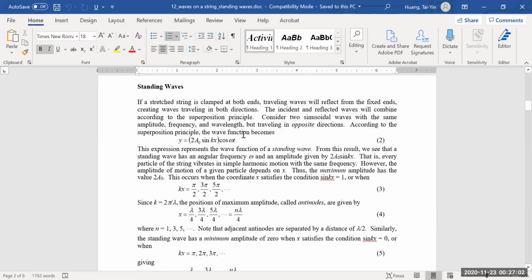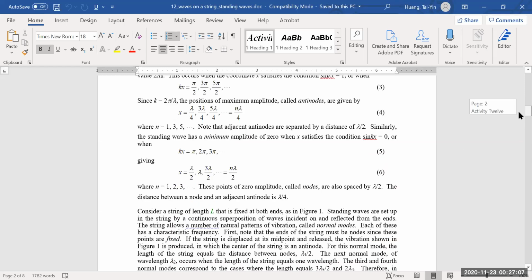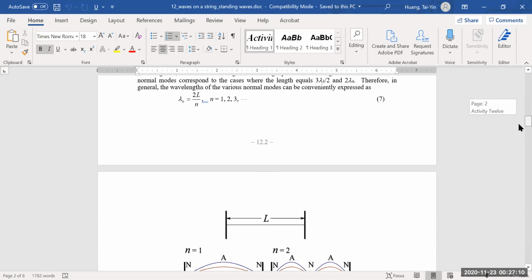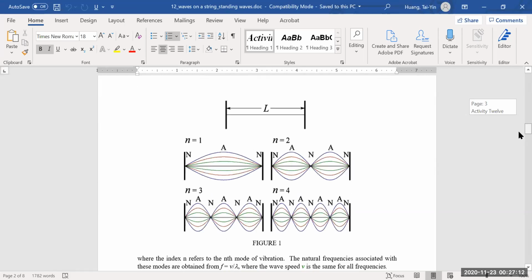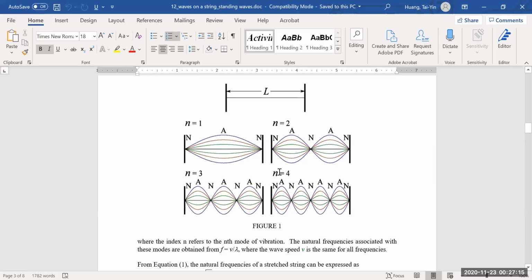All right, so the waves can be described sinusoidally like this. You can read about that, but let me just say that there are several terminologies you need to know. When we use the capital A here, this indicates antinodes. An antinode is the location where you have the maximum amplitude. At this point you have one antinode, in this arrangement you have two antinodes, then three, and then four.